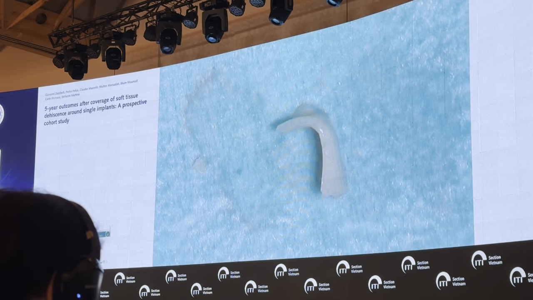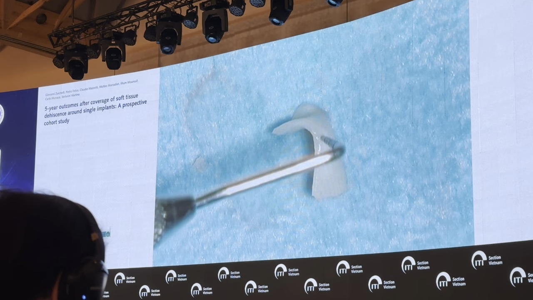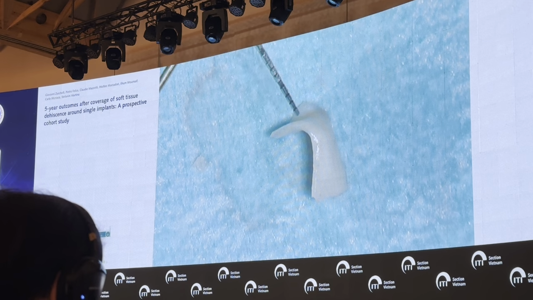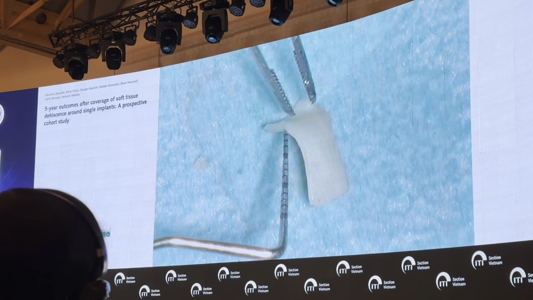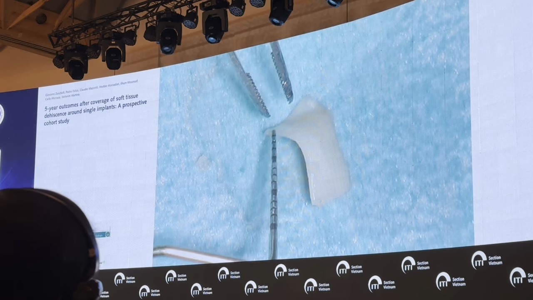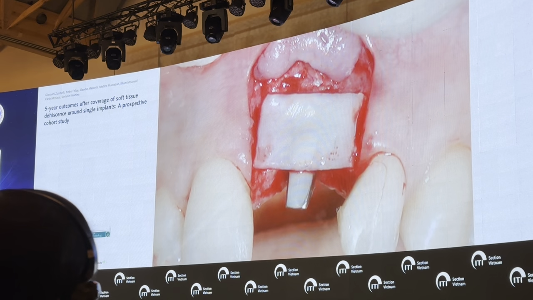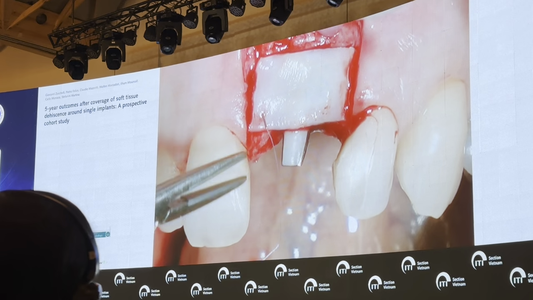Then the same harvesting procedure, free gingival graft, desepithelialization in a second step. The thickness of the graft is to end up with 2 millimeters of soft tissue thickness between the flap and the graft at the end of the surgical procedure. You see, the quality is white, only dense collagen fibers, no fatty, no glandular tissue.